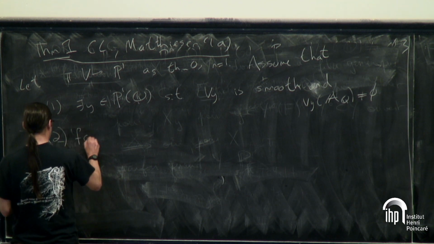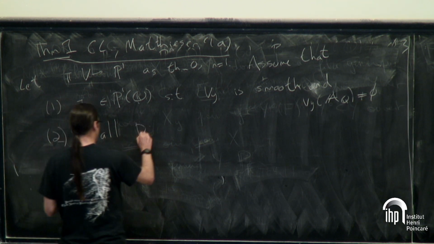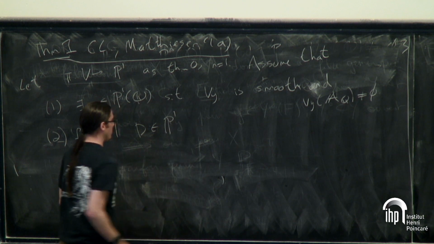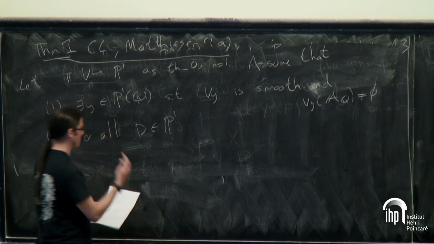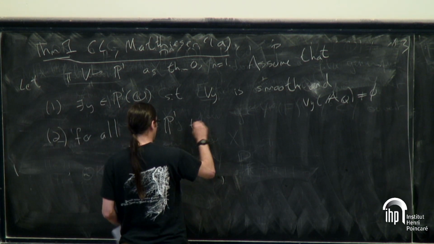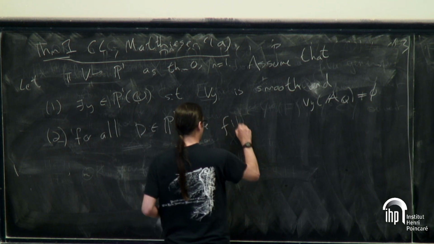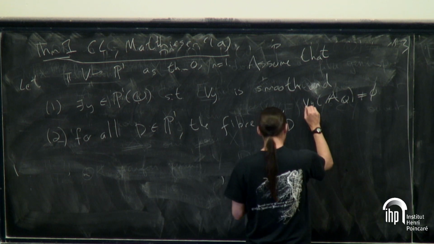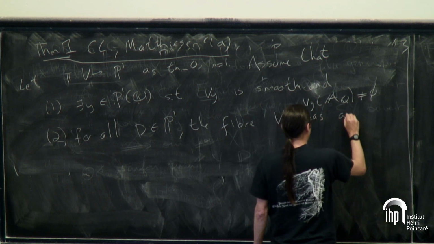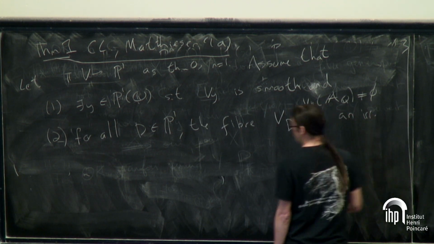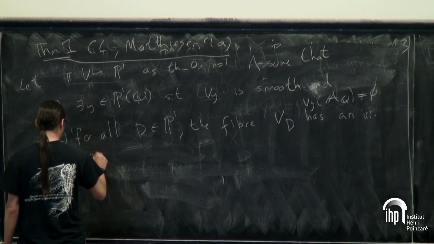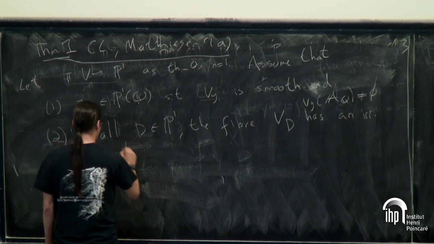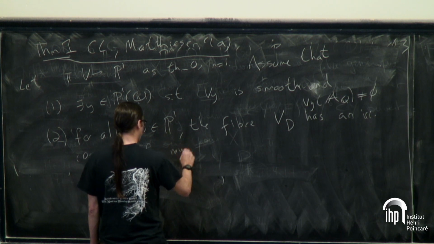Next condition says that for all, so we're working over the projective line, a codimension one point is just a closed point on P1. We want the fiber over this point to have an irreducible component of multiplicity 1.